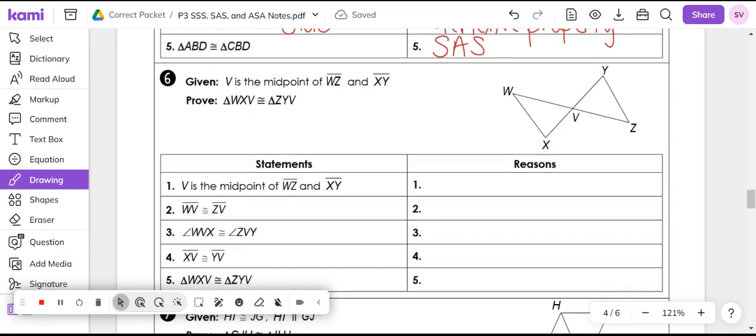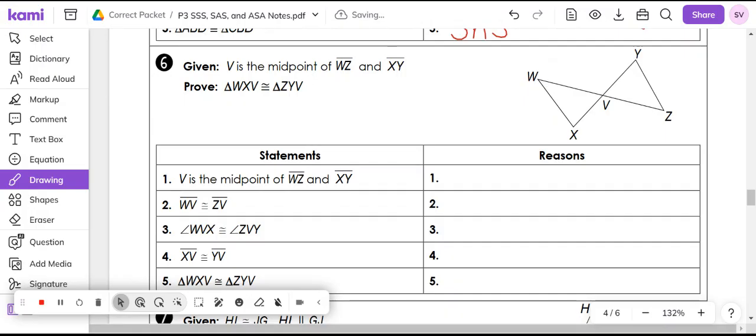We've got a bow tie situation here. So again, let me start with my checklist. Again, our proofs always start with what we're given. So we're only given that V is the midpoint of WZ and XY. That's the first statement that's there. So my reason is given for number 1. And that's the only thing that I was given.